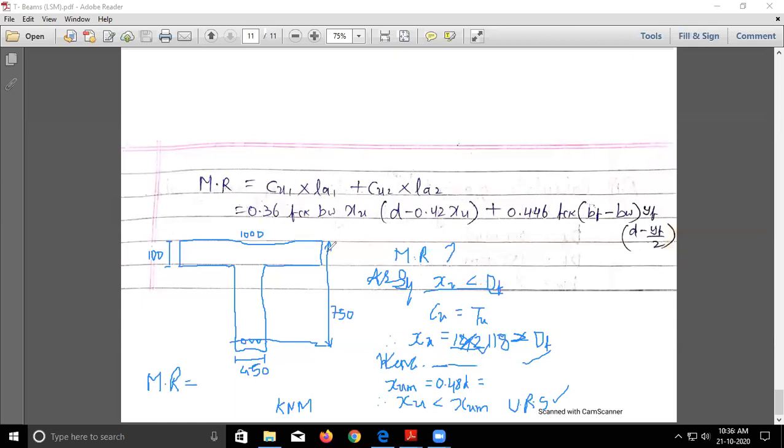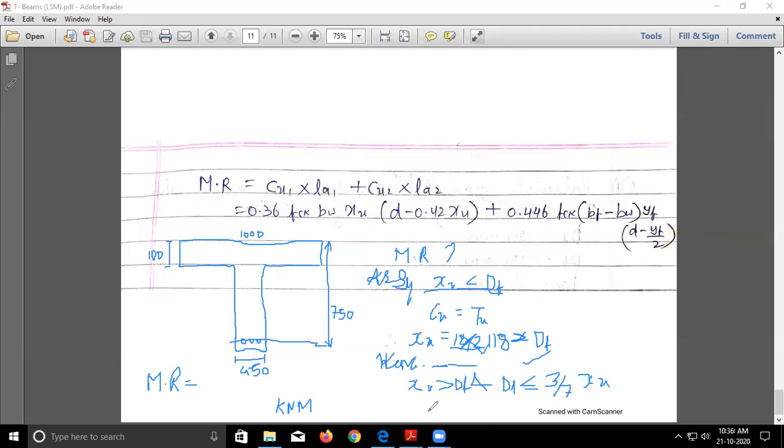Assume Xu is greater than Df and Df is less than 3/7 Xu. So now check for this case.